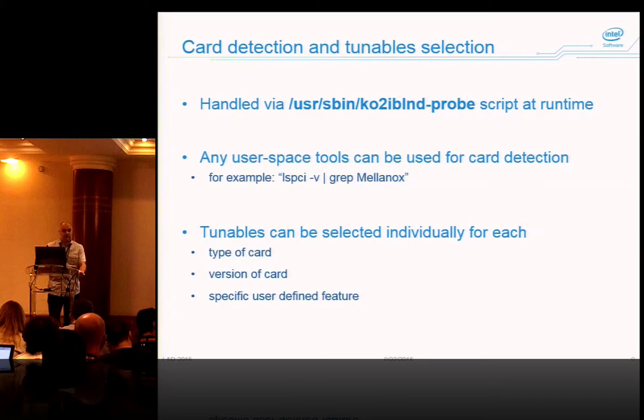You can use any user space tools. For example, you can use lspci to observe a particular hardware vendor to check what exactly cards are installed in this node, and then decide what configuration set you will use for this particular node.